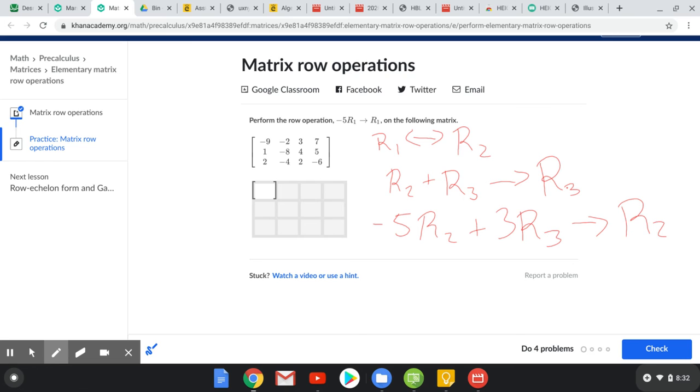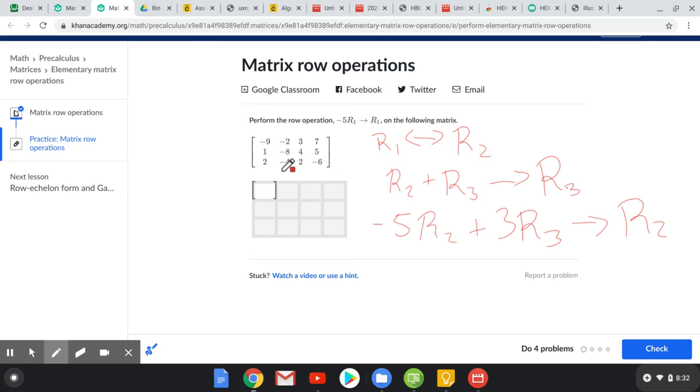You always have to specify, or the instructions will specify, where you're putting the new row. So for this example, I would take row 2, multiply everything by -5, take row 3, multiply everything by 3, and then add those new things together.